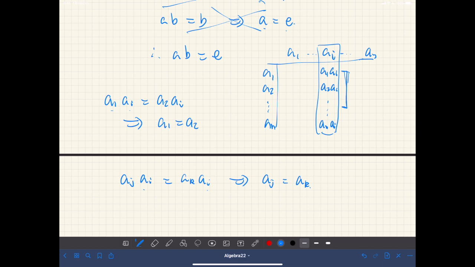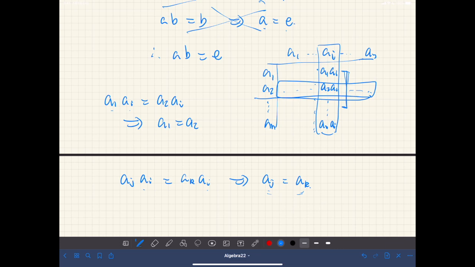So two elements must be equal, but this is a contradiction. So that means every element in one column must be different from all other elements. And by a similar argument, for each row, every element in a row must be different from every other element.